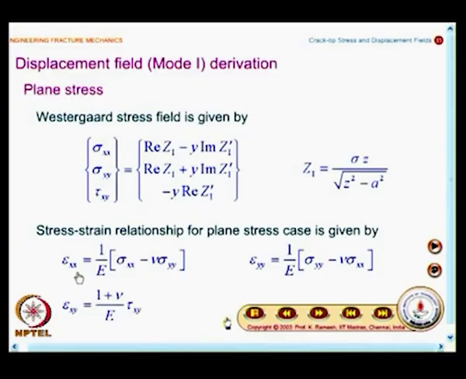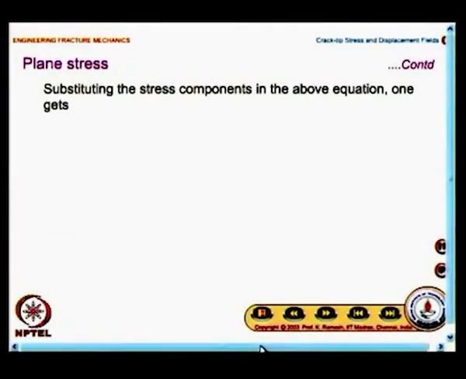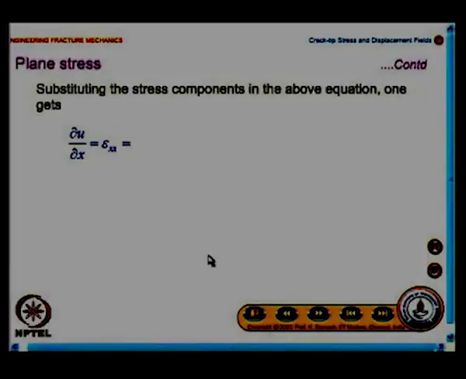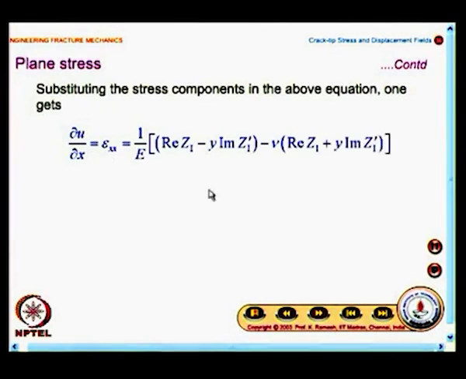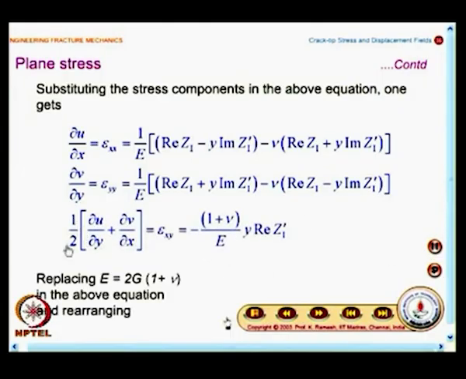So from strains we will have to find out the displacement, and we know from your solid mechanics that epsilon xx is nothing but dou u by dou x, and epsilon yy is nothing but dou v by dou y, and your epsilon xy is 1/2 of dou u by dou y plus dou v by dou x.